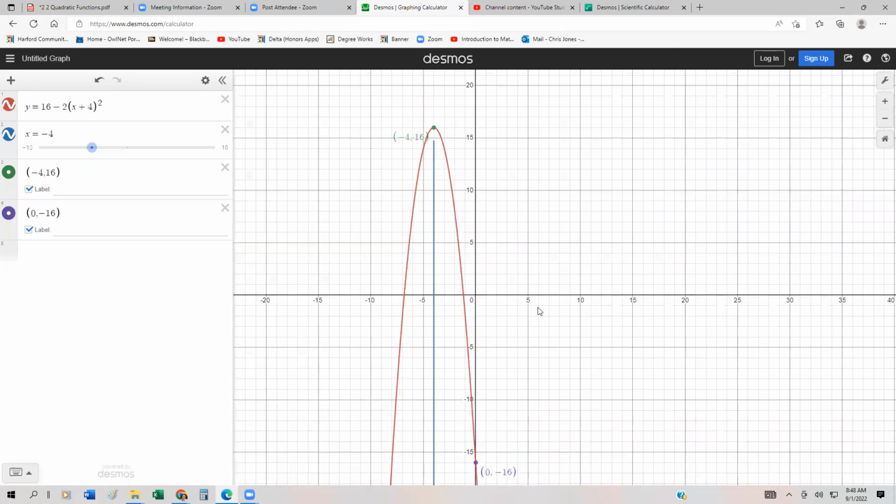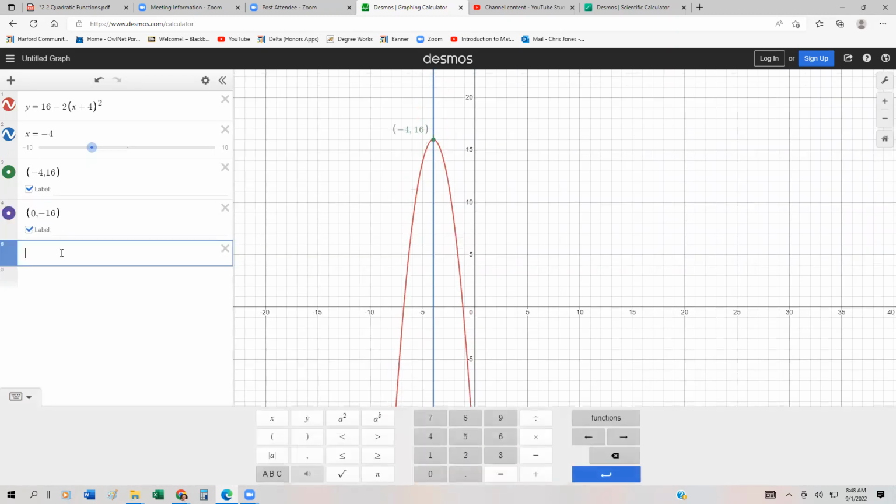So that looks good. And then finally, let's go ahead and plot our two x-intercepts. So that's going to be x -4 plus 2 roots of 2. Right. And let's label that. Oh, it should be comma 0.